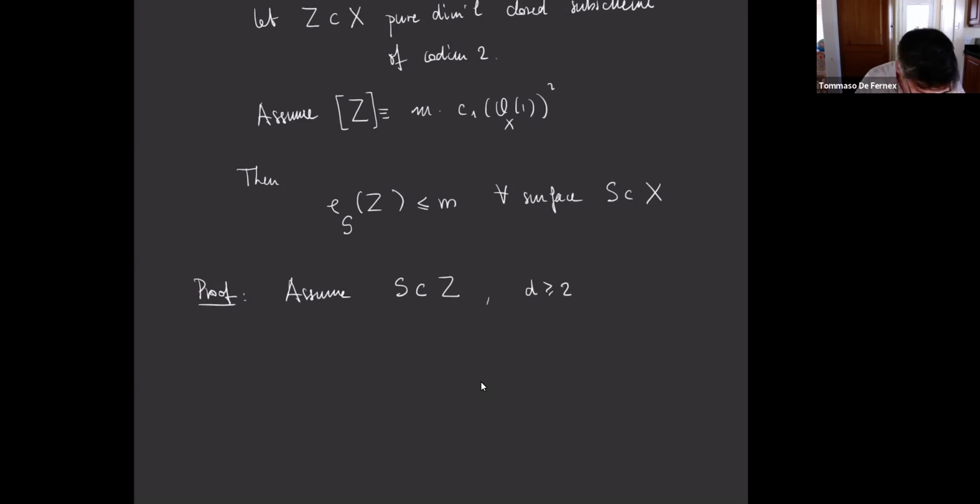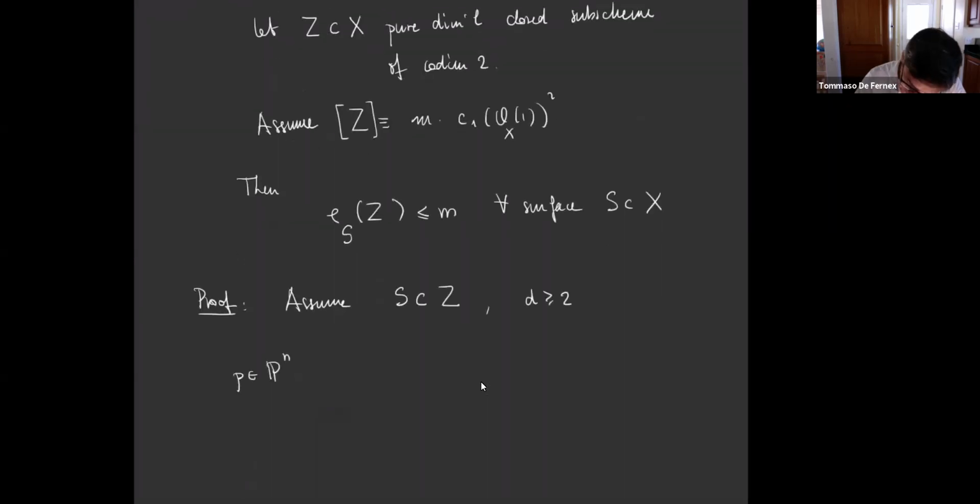And again, as before, I pick a general point p in the projective space, and then I look at the projection f_p from X to H_p, which is a projective space of one less dimension. So this is a finite map of degree d.